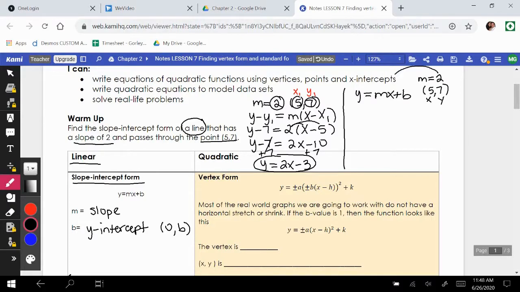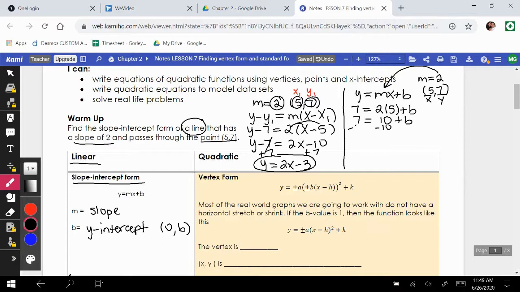Here's another way you can go about this. Plug in 2 for m, plug in 5 for x, and plug in 7 for y. So it's 7 equals m, which is 2, times x. Instead of writing x, what would I replace x with? x was 5, plus b. And I can use this to solve for what b is equal to. 7 equals 10 plus b.